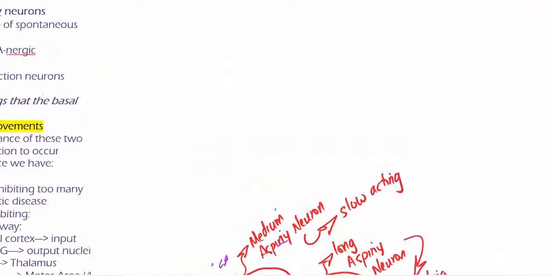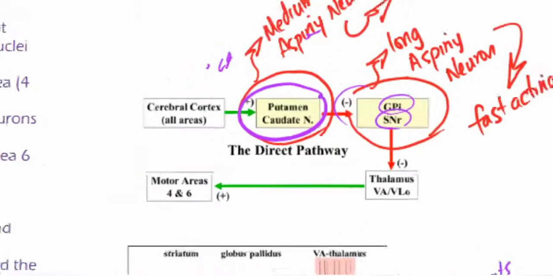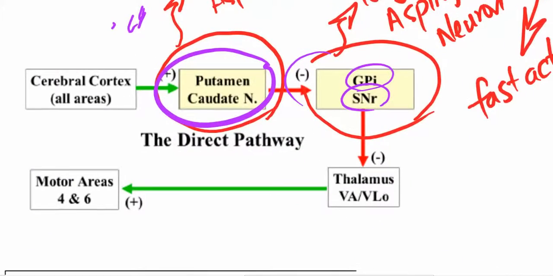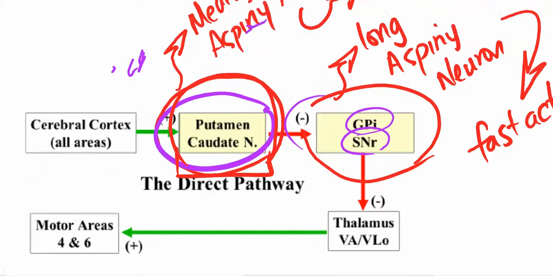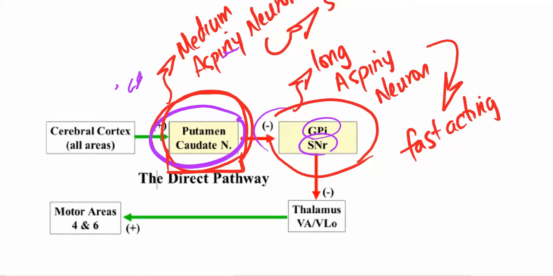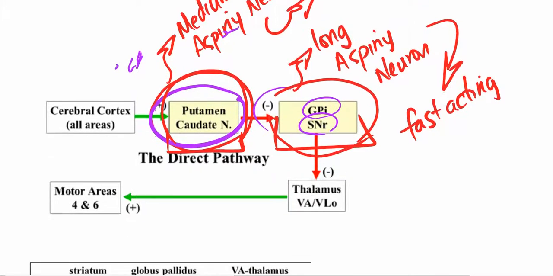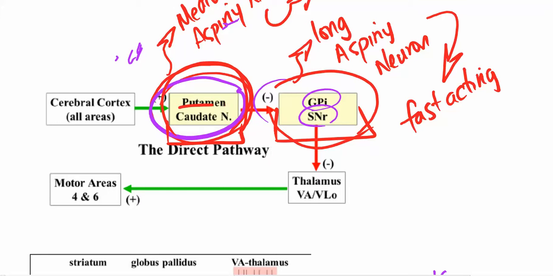So if we go down here, we can see that these guys are grouped as the way that the basal ganglia is receiving input, and then these guys here are grouped as the way that the basal ganglia is outputting information. You see that? So these guys are similar. The putamen and the caudate are similar, and the globus pallidus interna and the substantia nigra reticulata are similar.